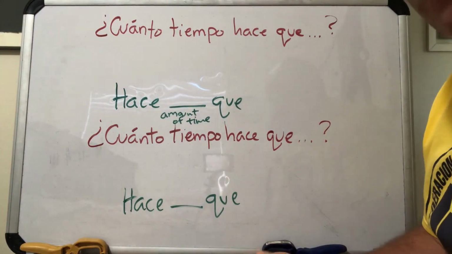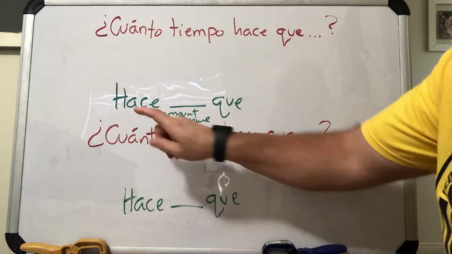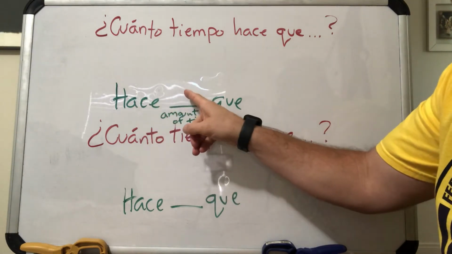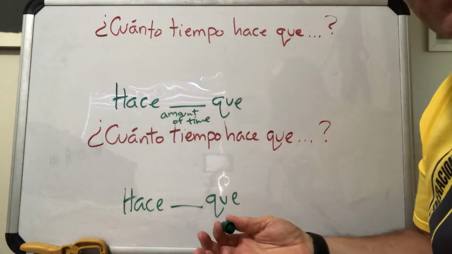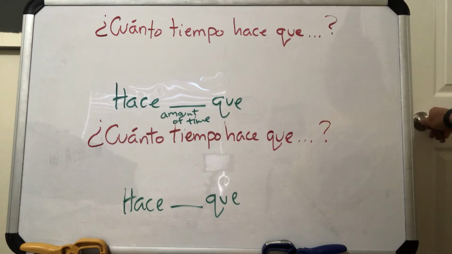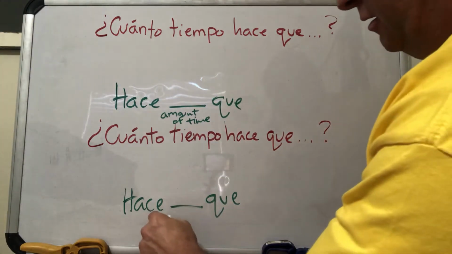It can't be a point in time. I'll have some kids that'll say hace mañana or hace last Tuesday, and I'm like, that's not an amount of time. That's a point in time. So this needs to be an amount of time. Same down here.